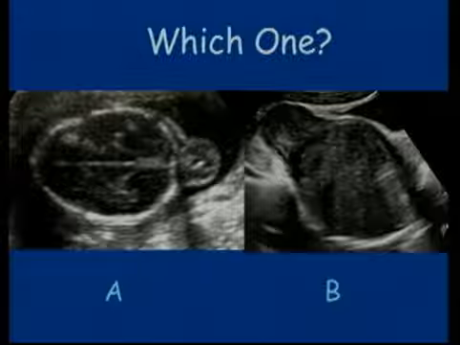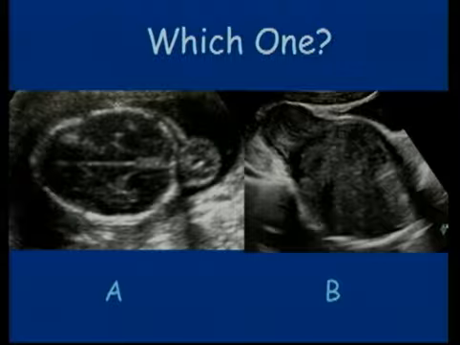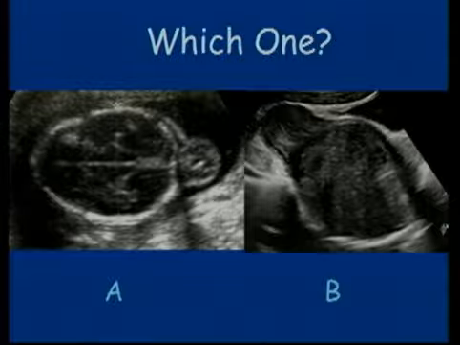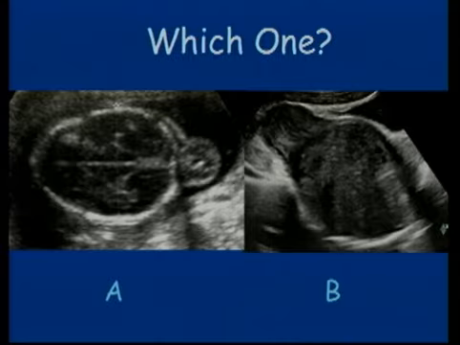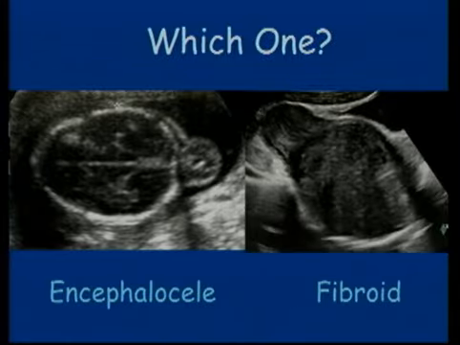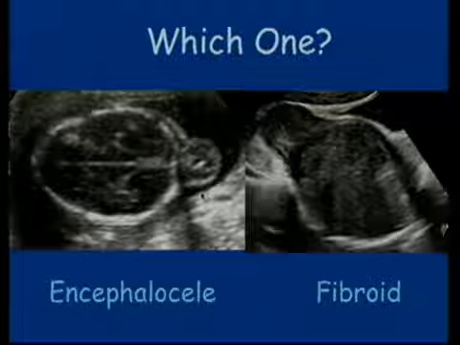Okay, this is another trick case. So you look at the picture on the left, and then look at the one on the right. The one on the left is an encephalocele with a mass behind it at the occipital region, so perhaps she was Caucasian.